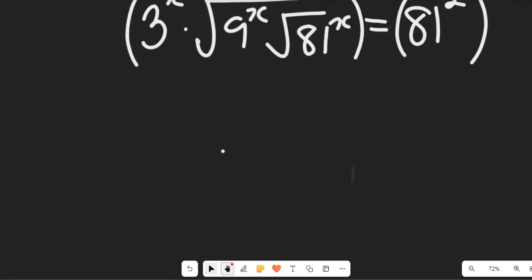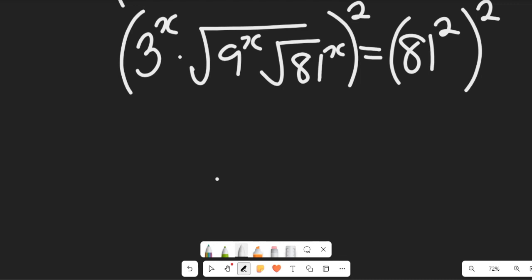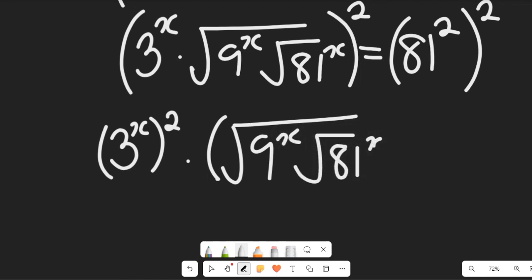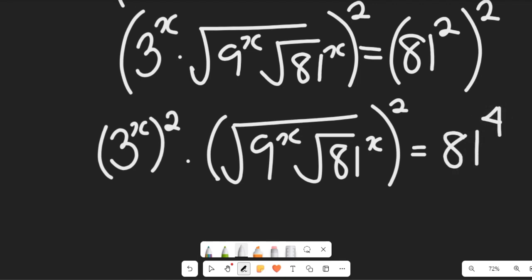So from that expression, we'll have the first term become 3 to the power of x, multiplied by the square root of 9 to the power of x, all squared, multiplied by the square root of 81 to the power of x, all squared, and this will be equal to 81 to the power of 4, right?